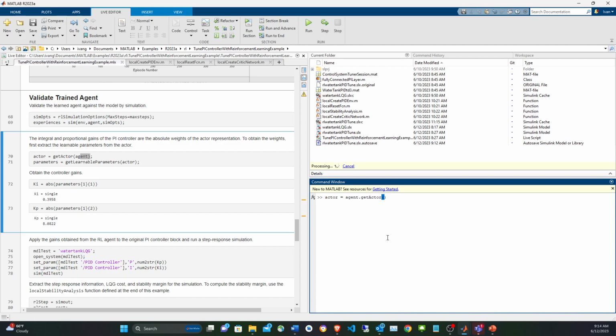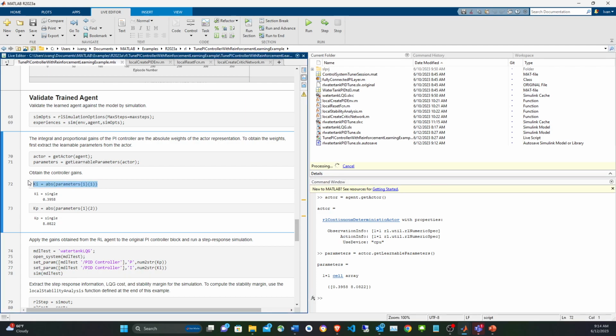That is a method from the agent class, and from the actor class there's a method to get the learnables, and from that you can see the learnables, which as we saw are 2 elements in the weights, 0.4 and 8. Those we're going to use for the PI controller. Both of them are positive, so we don't have to use absolute value.